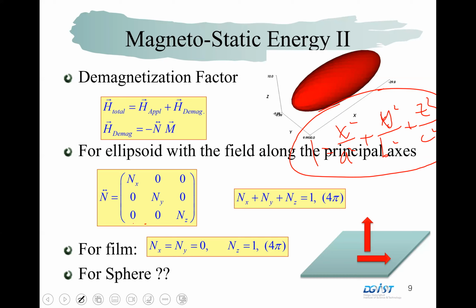So once we obtain the demagnetization tensor components for the ellipsoid for given a, b, c, you can take some good approximation.